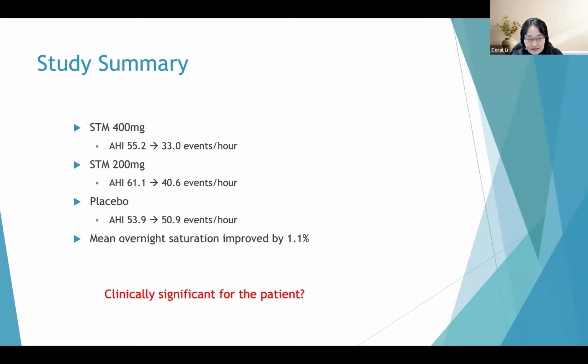Any other thoughts on the AHI? Like it did drop by 20 events. Do you feel like it's a good treatment option for OSA?